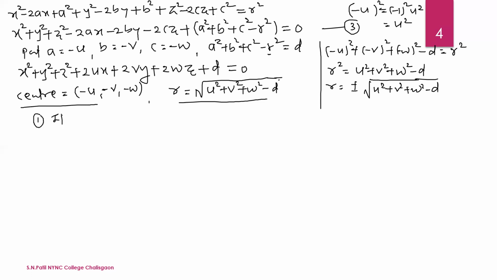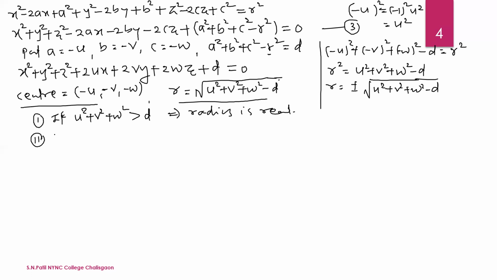If u square plus v square plus w square is greater than d, then the center is minus u, minus v, minus w, no problem. And the radius is real.